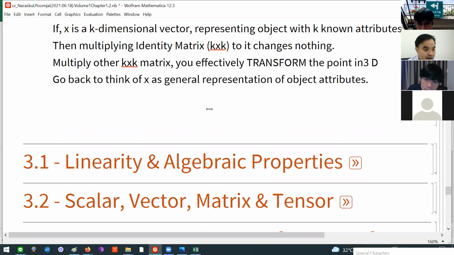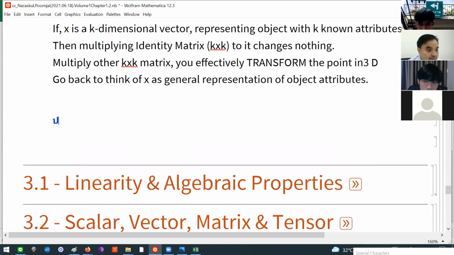Let's say you have a girl who is 52 kilograms with a 28-inch waist.